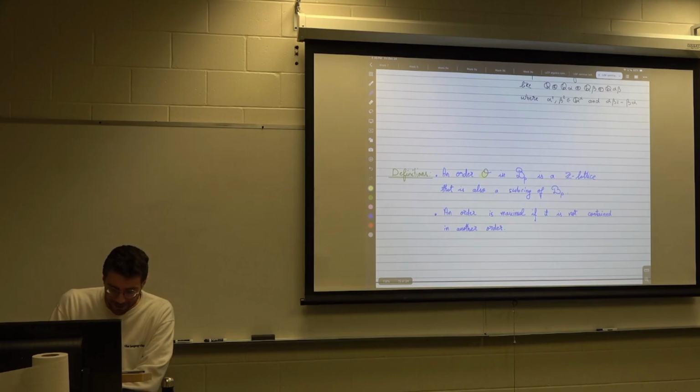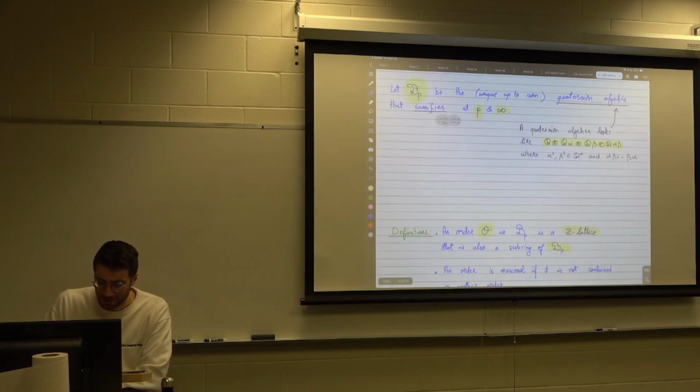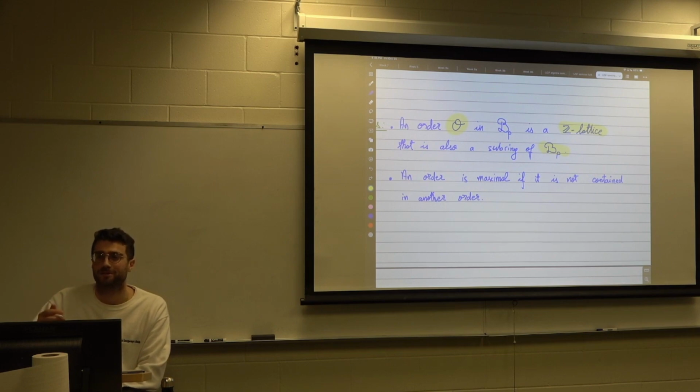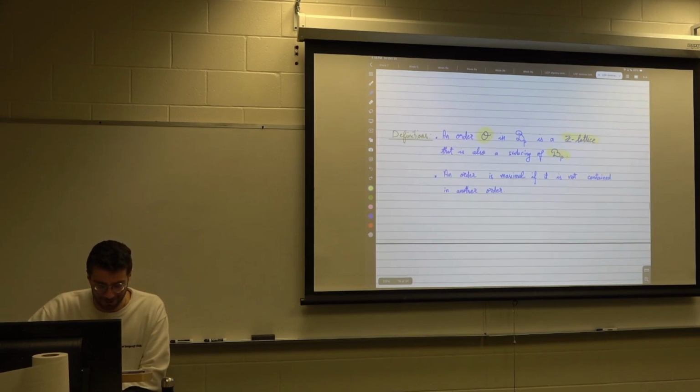An order, O, in my quaternion algebra is a lattice that is also a subring. The easiest example is you take this and replace all the Q's by Z's. And then what's a maximal order? It's an order that is maximal with respect to inclusion, meaning there's nothing bigger containing it except the whole thing itself.